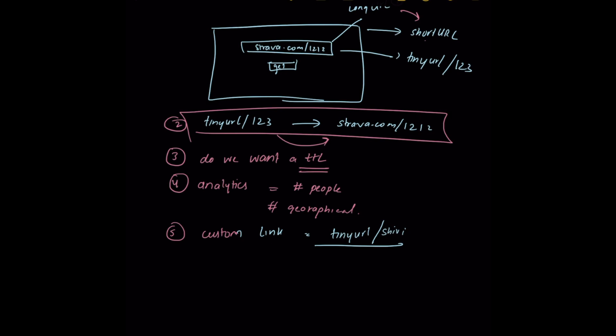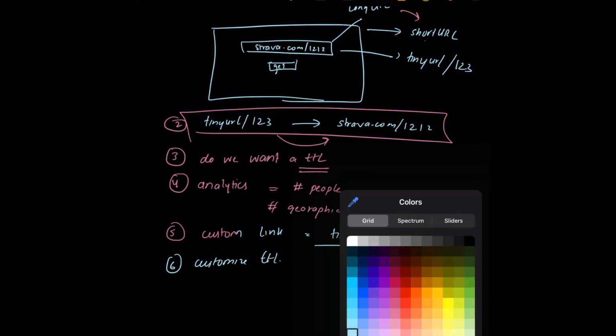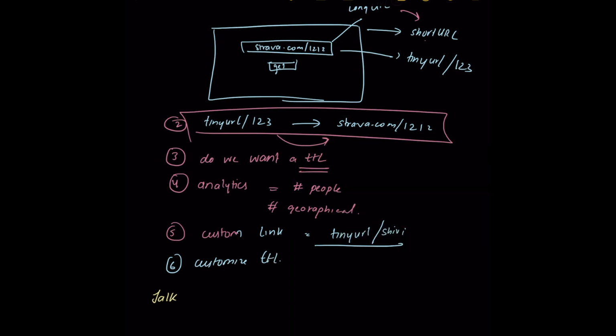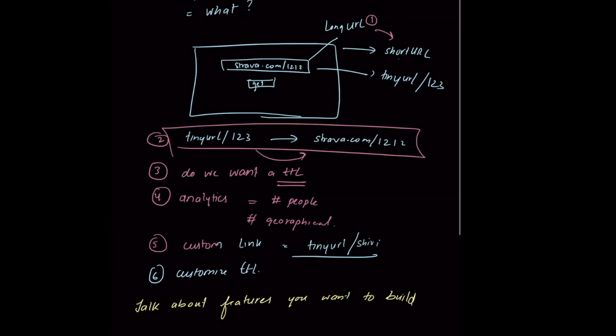So if they can customize the link, and they customize the TTL, you can talk about all the features that you think you want to build. Then the interviewer will guide you that, okay, let's talk about just this portion.